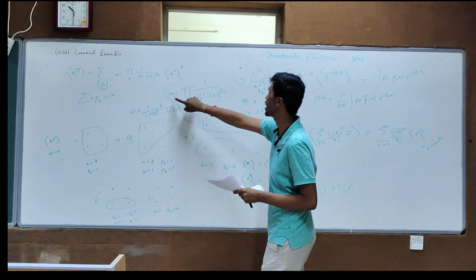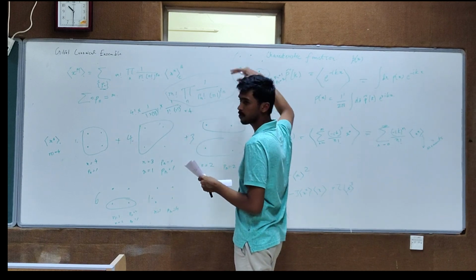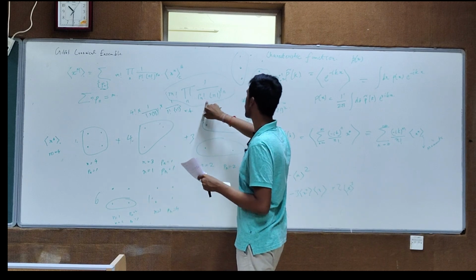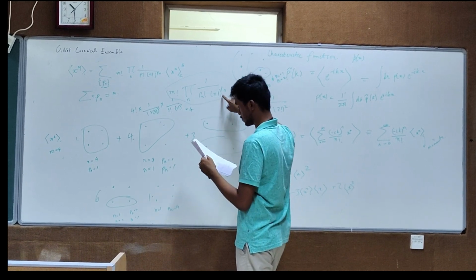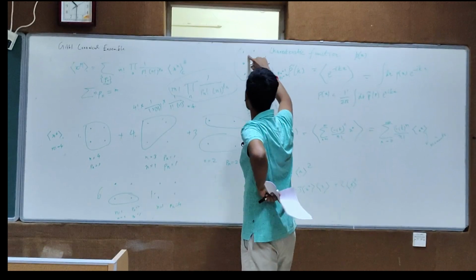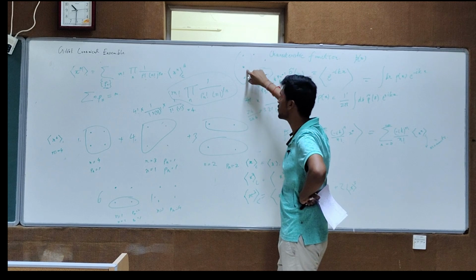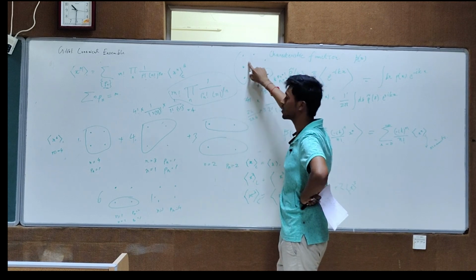You can see that this m factorial is the total number of ways you can arrange all the particles. Then divide by this: in a cluster all the particles are identical, so you divide by n factorial, 3 factorial.